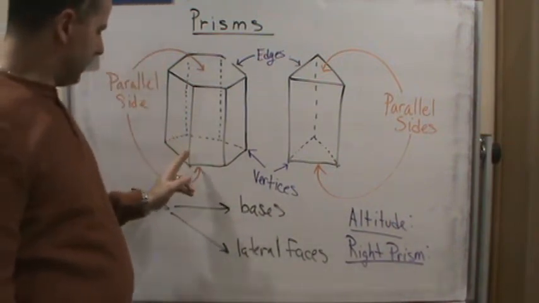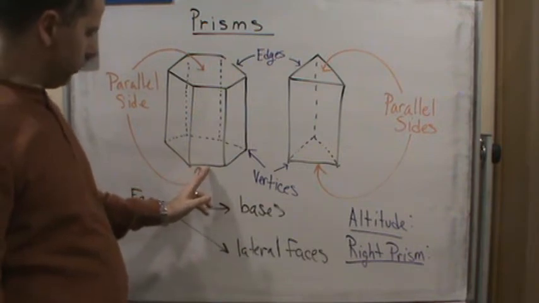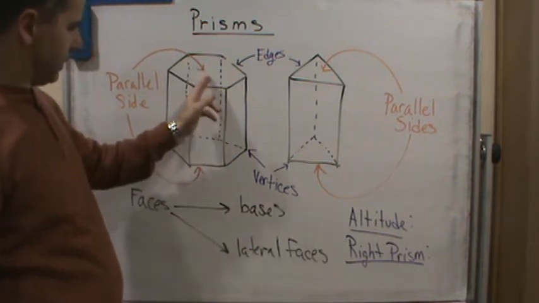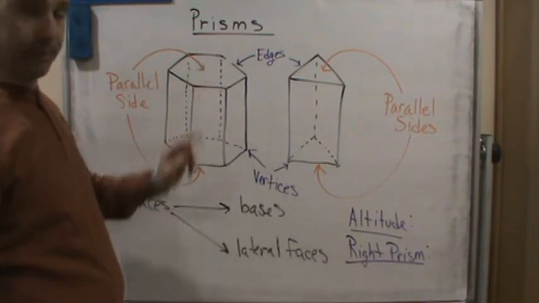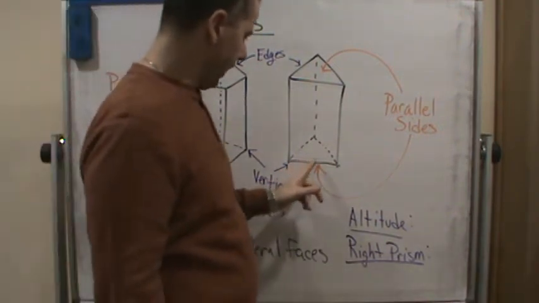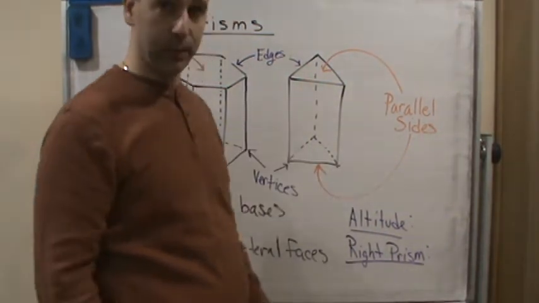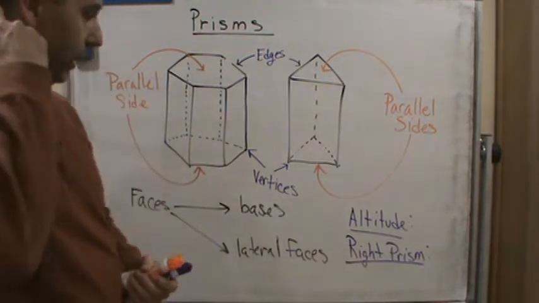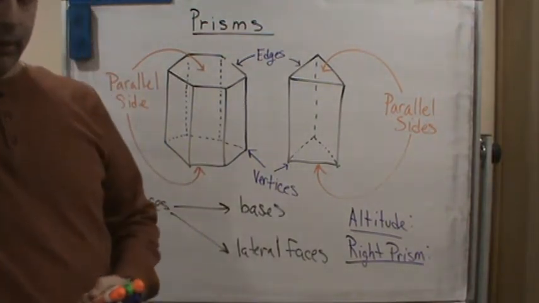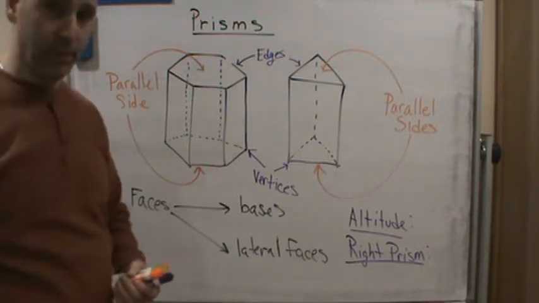In this case, a perpendicular line drawn from the bottom base to the top base is called an altitude. If we drew a perpendicular line from this base to this base, that would be an altitude. So an altitude is a line that connects the bases and is perpendicular to the bases.